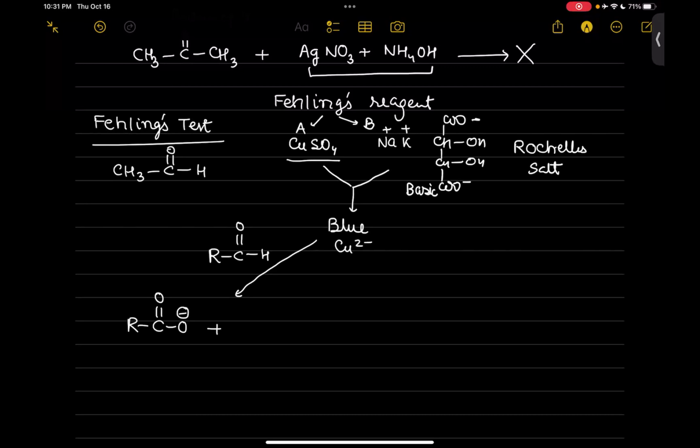Copper 2 plus is blue. It will get reduced to cuprous ion, Cu plus. Got it? The cuprous ion exists in the form of Cu2O, which is a brick red precipitate. Getting a point or not?